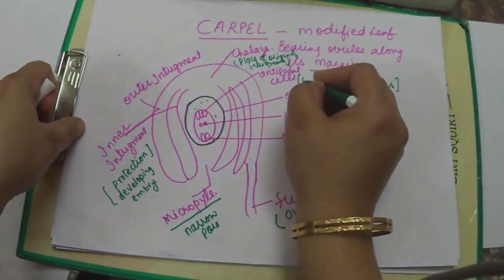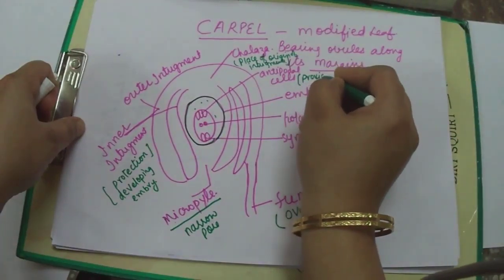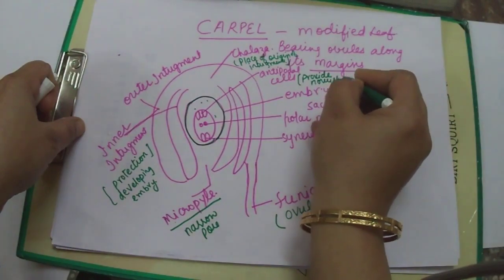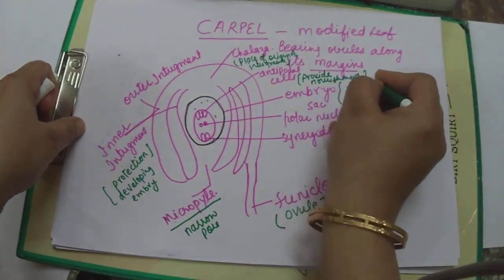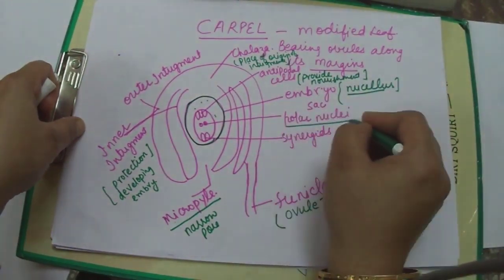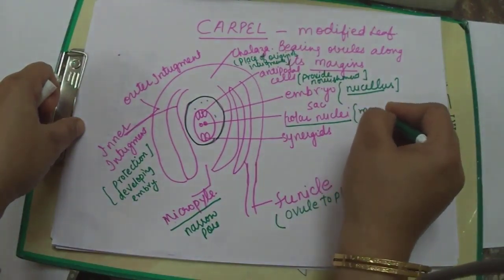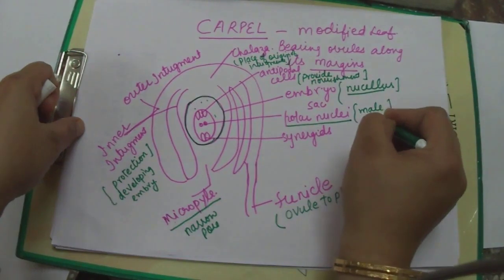Antipodal cells provide nourishment to the developing embryo, and these are the two polar nuclei that fuse with the male gamete.